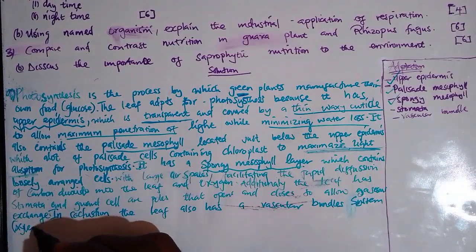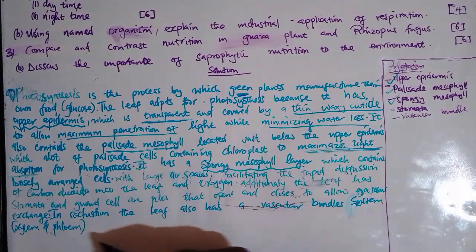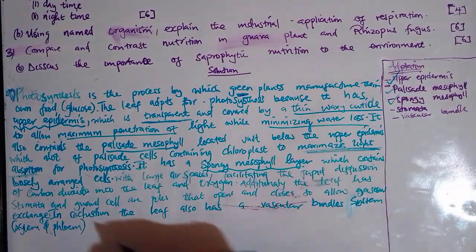The xylem and phloem. Yeah, so the vascular bundle contains the xylem and the phloem. So here is 1 mark for explain. Now explain what is the function. So the xylem and the phloem, which is the vascular bundle, are responsible.